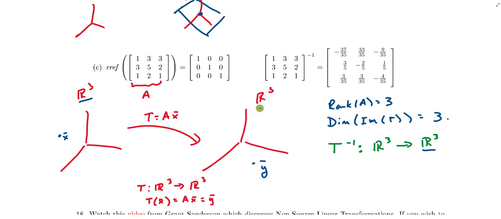And I think of this as my original range space, my new transformation T inverse is going to map from it by taking some vector in this space, Y, and mapping it by the matrix A inverse. Careful, this is A inverse right here, not A. Times Y, and that's going to get me back to the vector X.